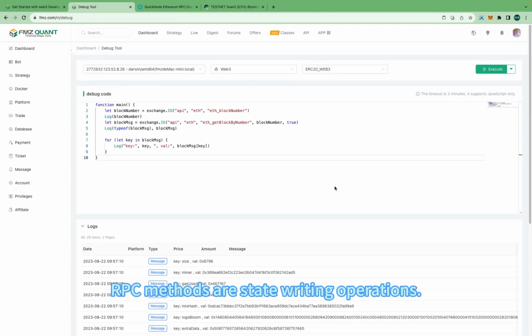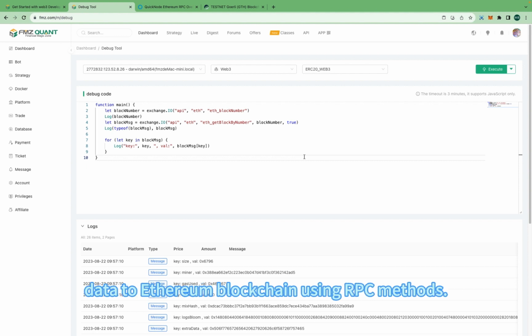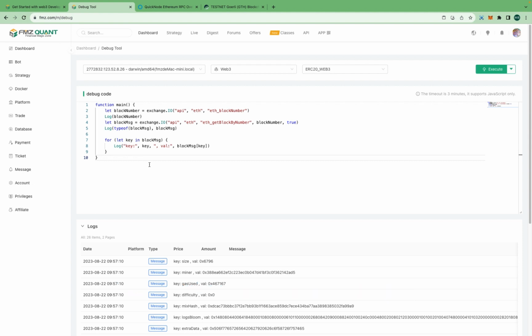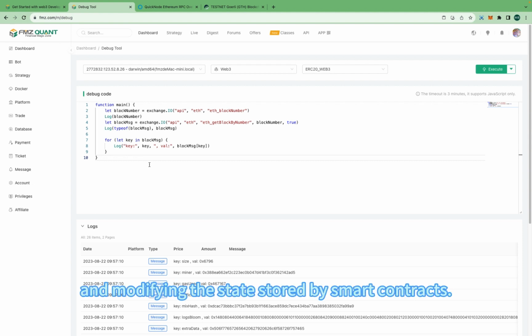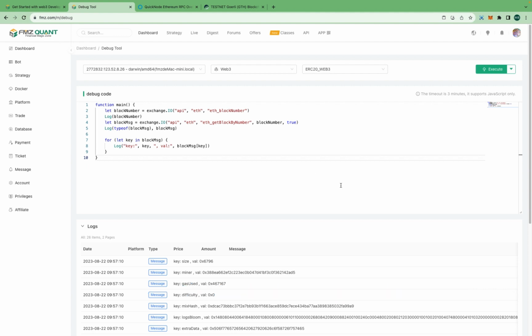Other RPC methods are state writing operations. Calling Ethereum RPC methods for state writing refers to the operation of writing state data to the Ethereum blockchain using RPC methods. This includes creating new transactions, deploying smart contracts, and modifying the state stored by smart contracts.